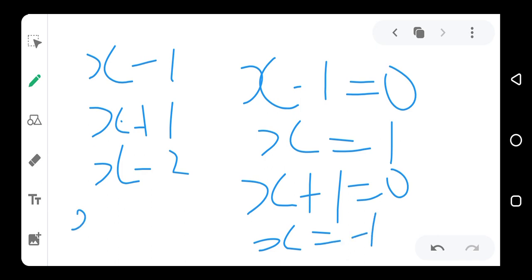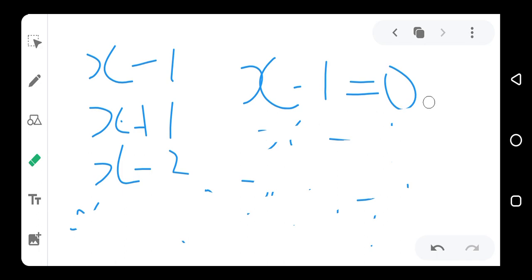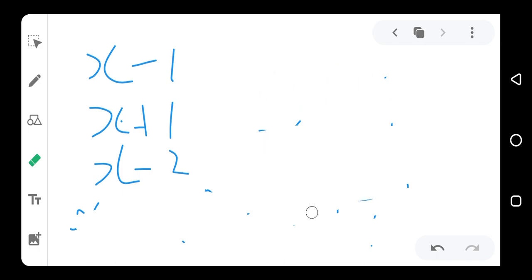For x minus 2, it means that x minus 2 is equal to 0 and then x is equal to 2. So from this, what we have as the value of x, the roots given to us to verify are x equal to 1, minus 1, and 2.